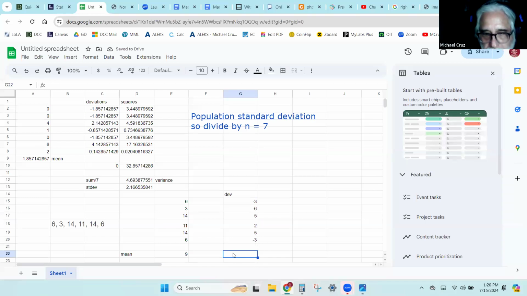All right, so these should all be 0 if we did everything right. And look at that. So the sum of your deviations should be 0. Now we're going to square them.